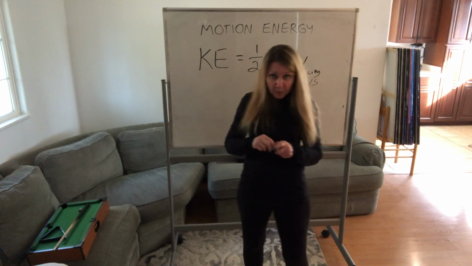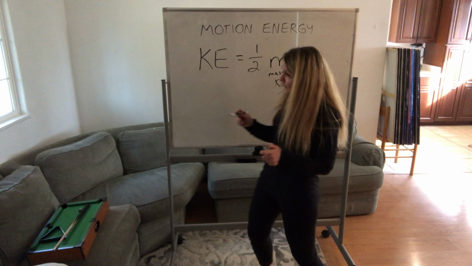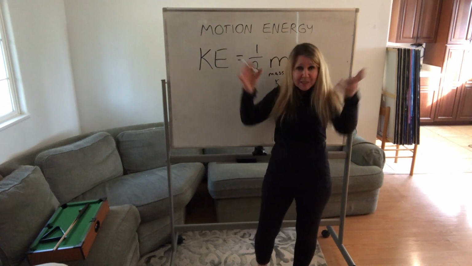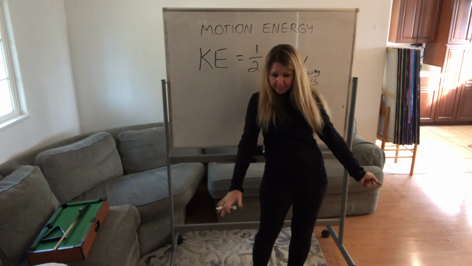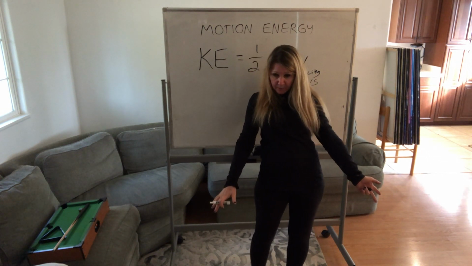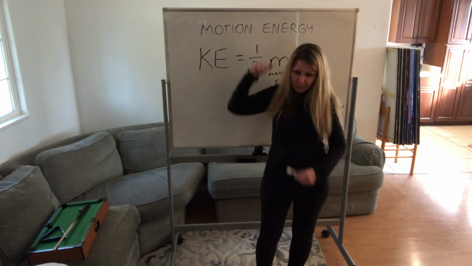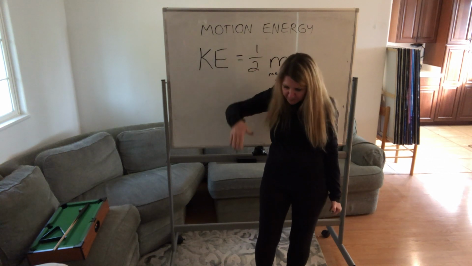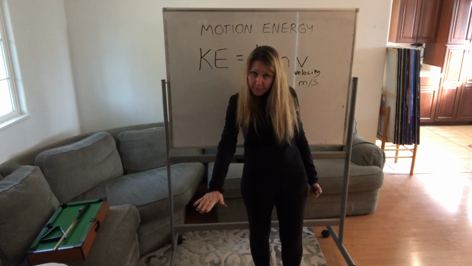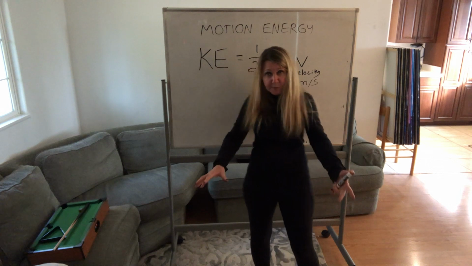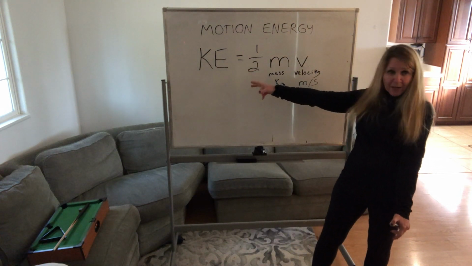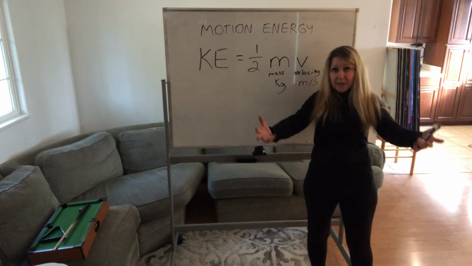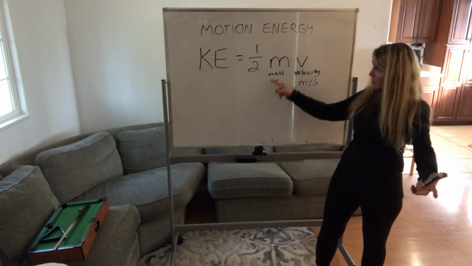If we think about a roller coaster, at the very top, maximum potential energy. At the very bottom, maximum kinetic energy. So as you're going down the hill, you speed up, speed up, speed up. Once you hit the bottom, it's like their maximum speed. So you can calculate how much kinetic energy there is if you know the mass.